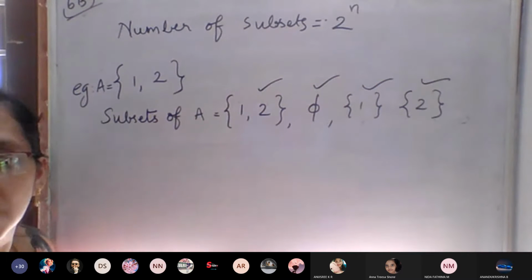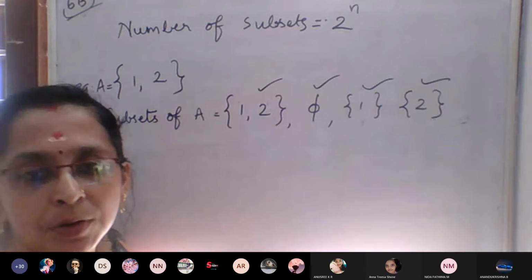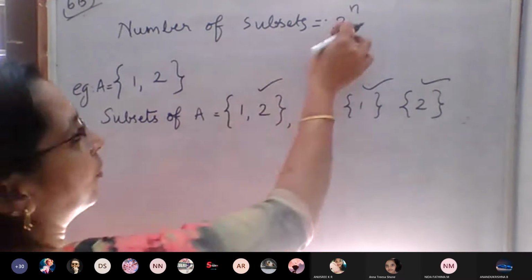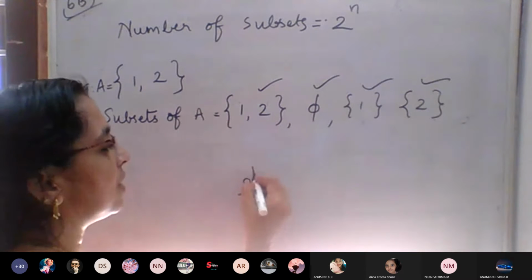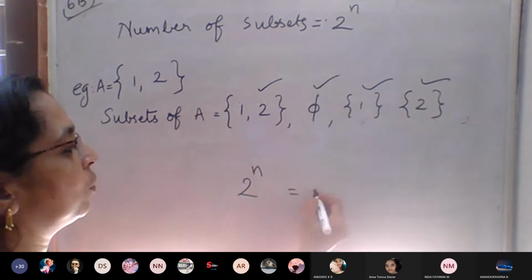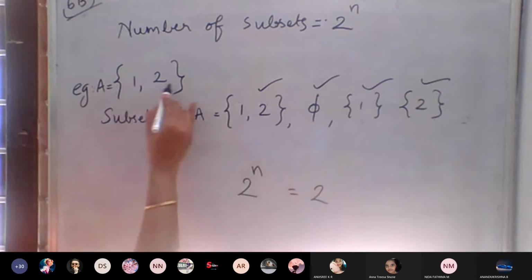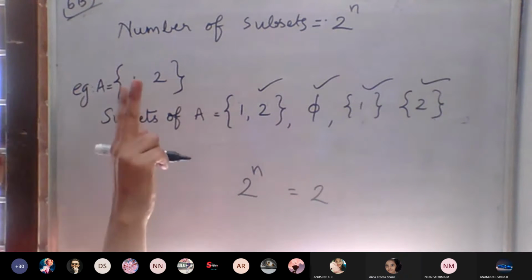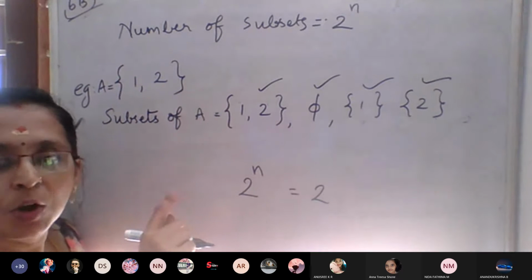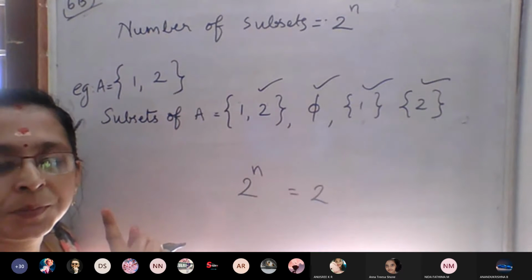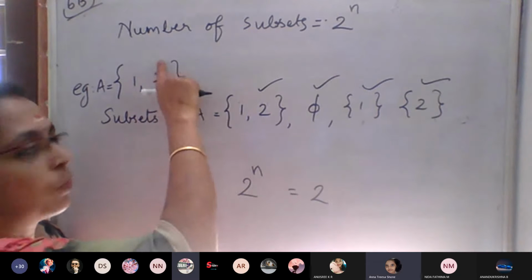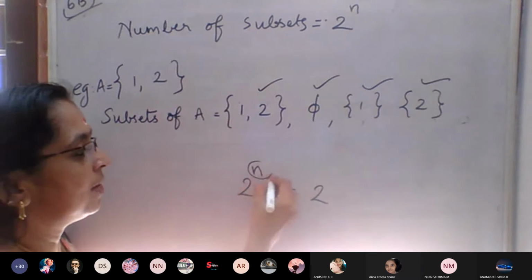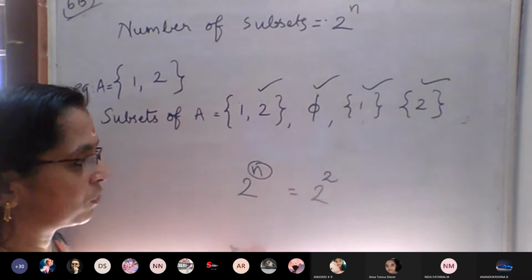Without writing, how can we find the number of subsets? Using this formula, 2 raised to n. N is the number of elements. How many numbers are there in set A? Two numbers, so n stands for 2.